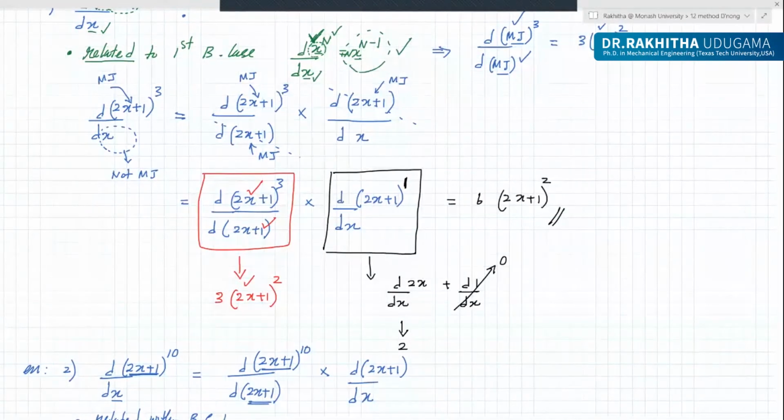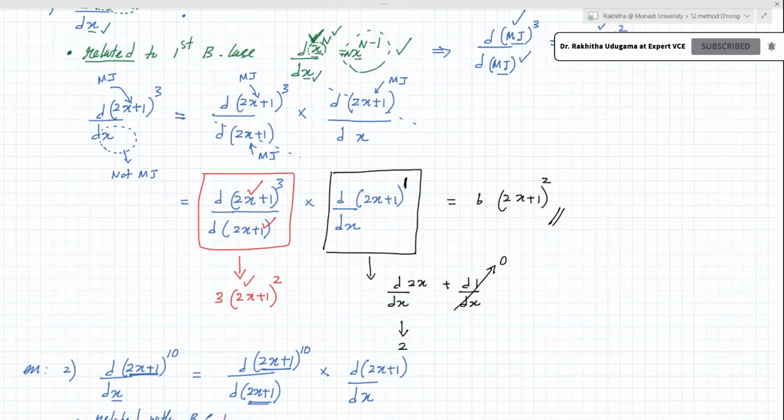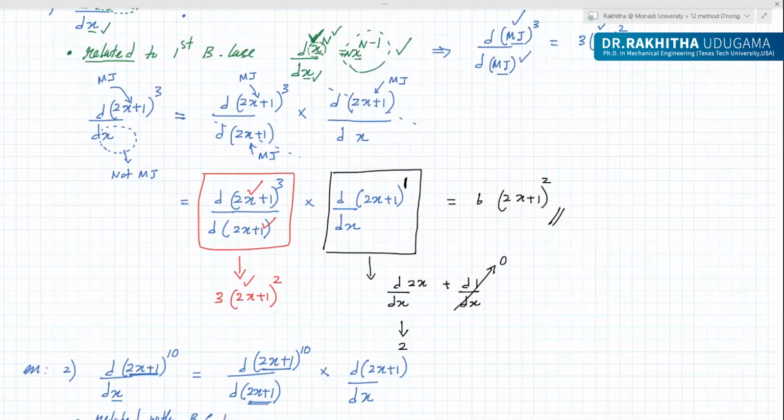I help you to construct it using that MJ concept. Now, we learned a theory. We learned essentially a construction, right? So that's it. And the topic of that construction is chain rule. Now, can you tell me why people call this chain rule?